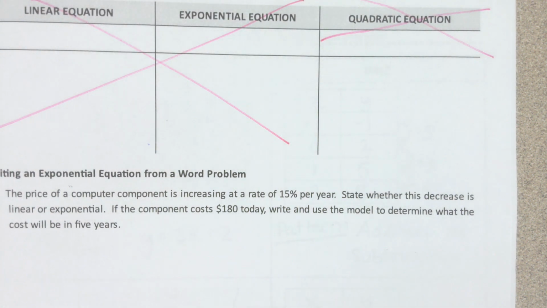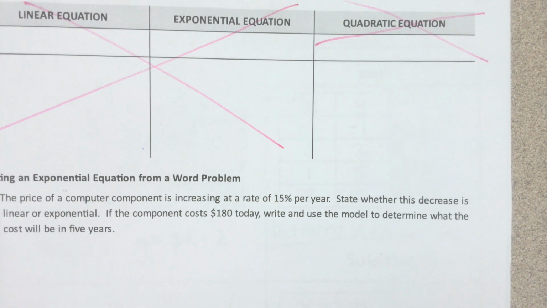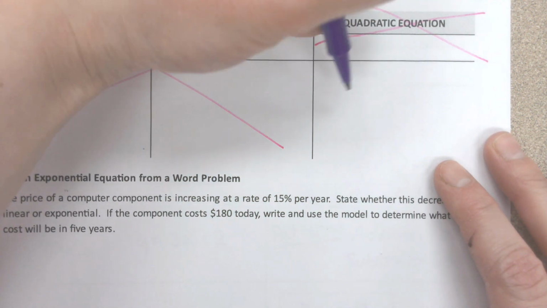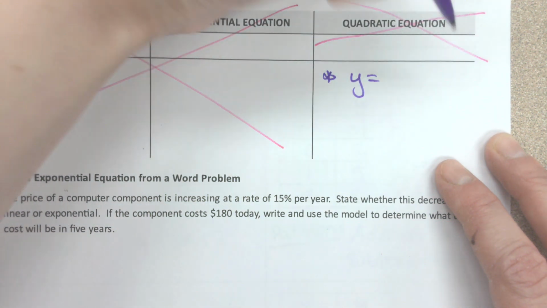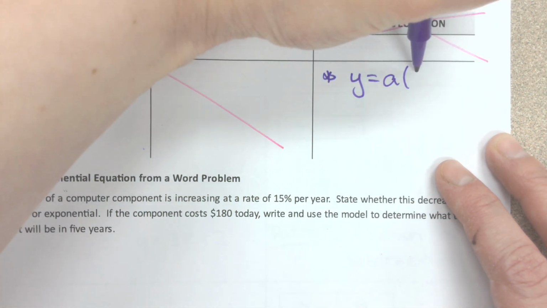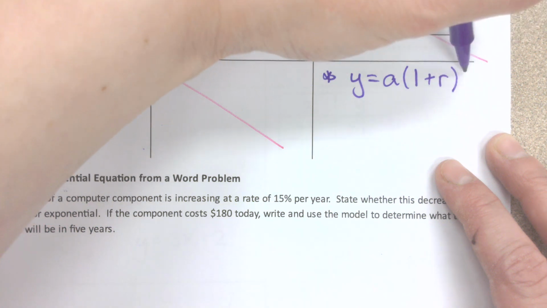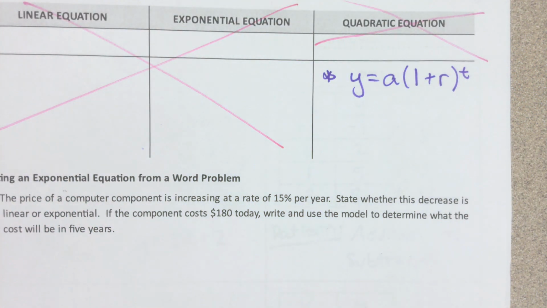To solve these word problems, they are all exponential word problems. You need this information. Y equals A times 1 plus R to the T power. Let me give you some definitions.